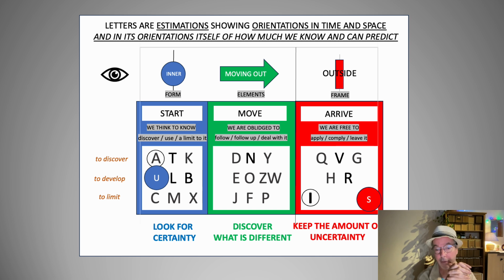We have the forms themselves, which are most visible when they use letters from the first category. These are the positions of objects and elements and ideas that we think we know.